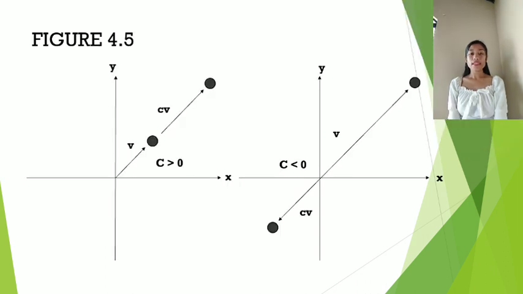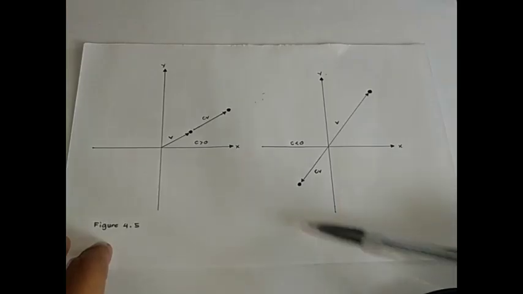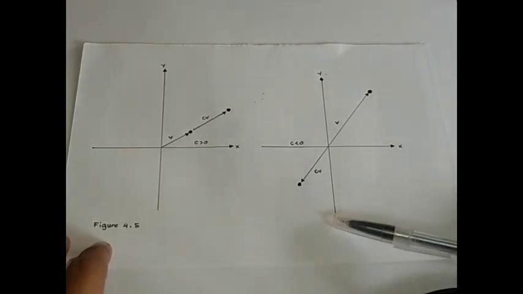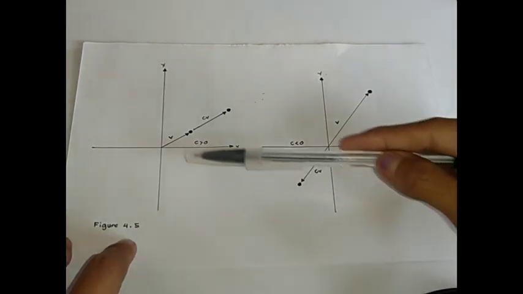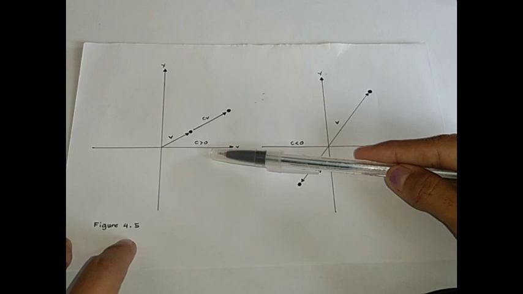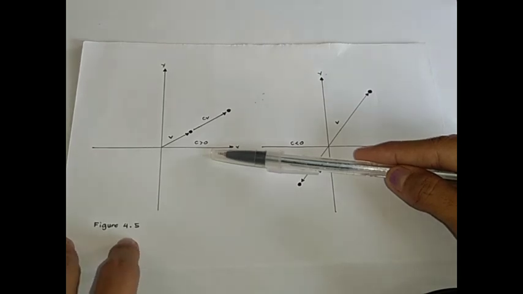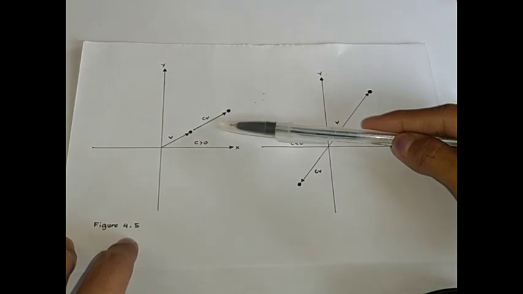Now, let us analyze the figure 4.5. This is the figure 4.5. Kung mapapansin natin, kapag ang scalar c is positive or greater than 0, ang cv and v will have the same direction.